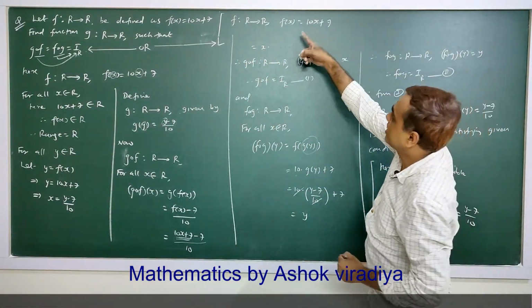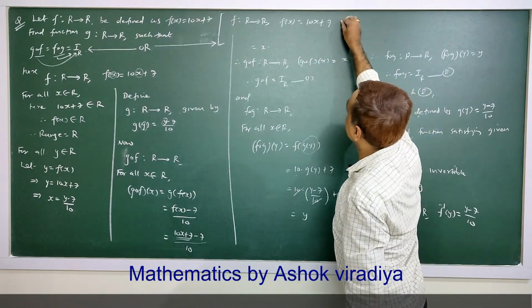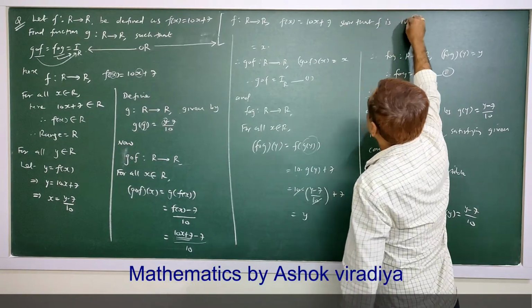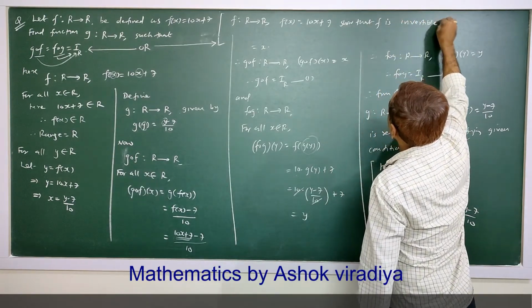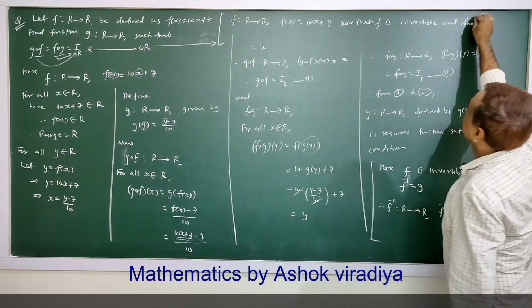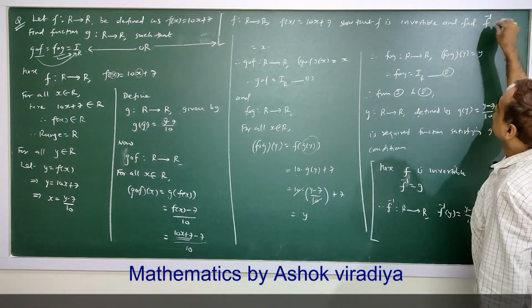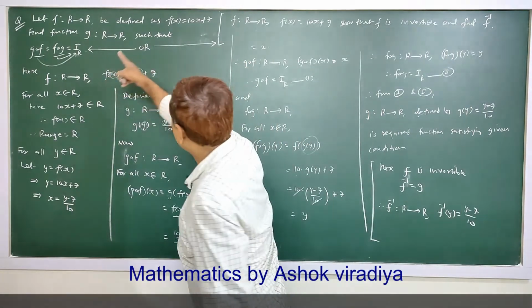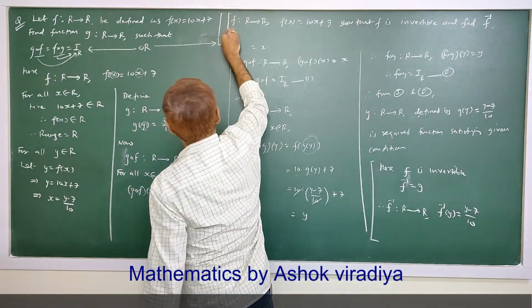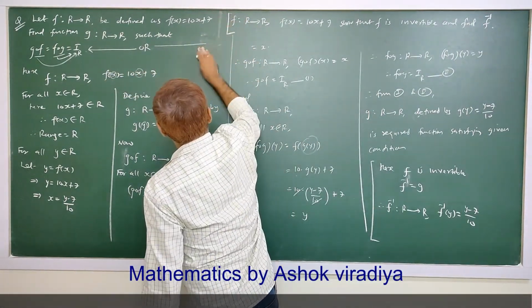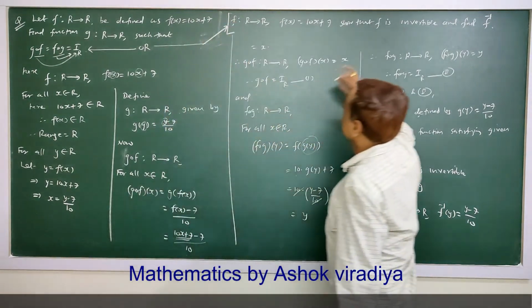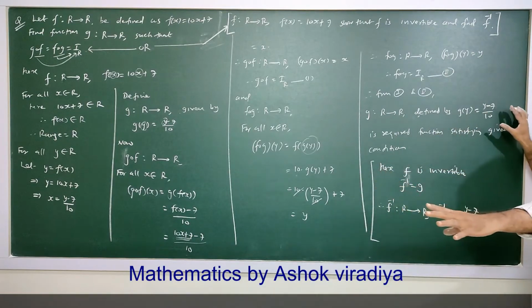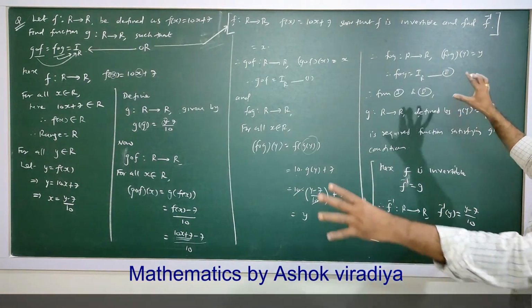Show that f is invertible and find the inverse of f. So the question can also be given in these words. The answer is the same, only the method of asking the question is different.